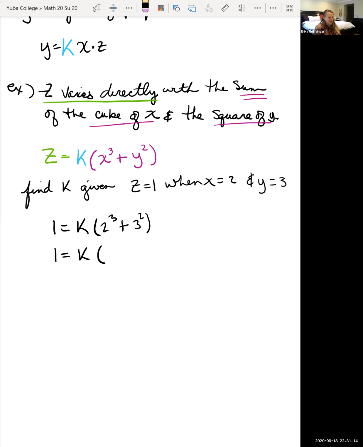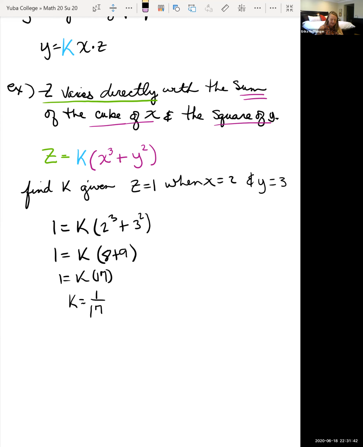I'm starting to try to pick up pace, and so I'm going to start making errors, so I should stop that. So 2 cubed is 8, plus 3 squared is 9. So summing that, we get 8 plus 9 is 17. So we get 1 is equal to k times 17. Divide by 17 on both sides, I get k is equal to 1 over 17.